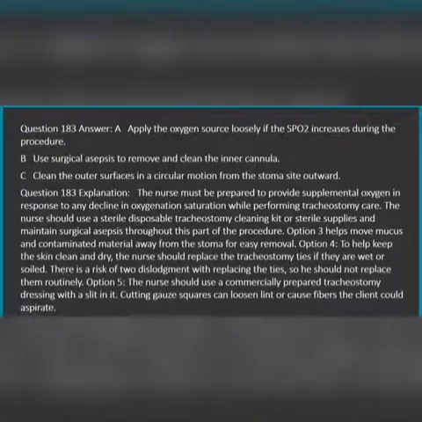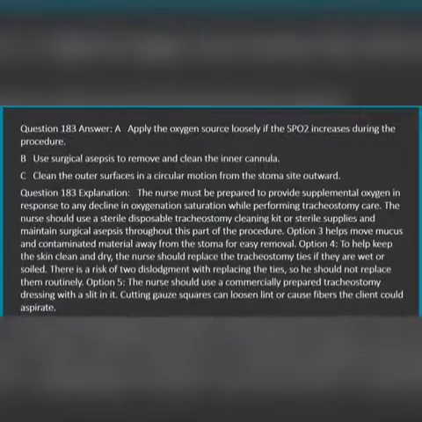Question 183. Explanation. The nurse must be prepared to provide supplemental oxygen in response to any decline in oxygen saturation while performing tracheostomy care. The nurse should use a sterile disposable tracheostomy cleaning kit or sterile supplies and maintain surgical asepsis throughout this part of the procedure. Option 3 helps move mucus and contaminated material away from the stoma for easy removal.